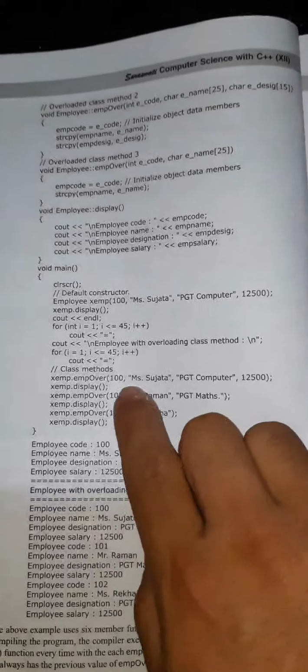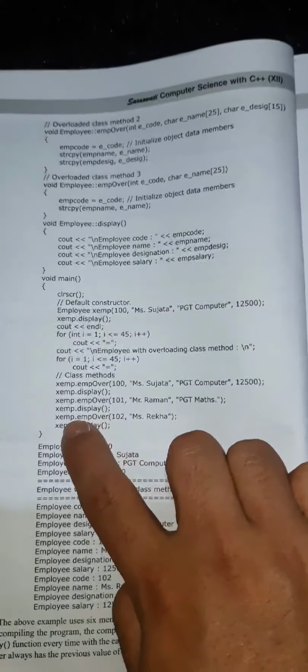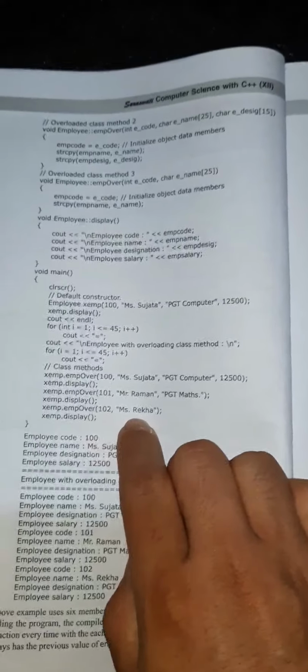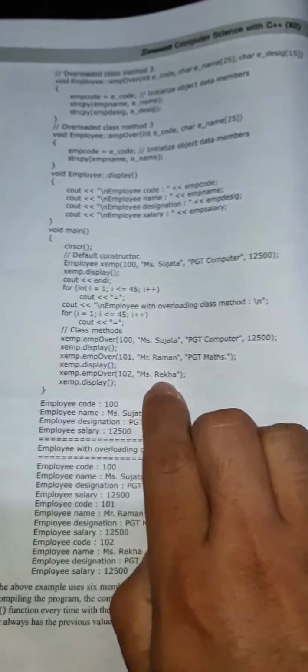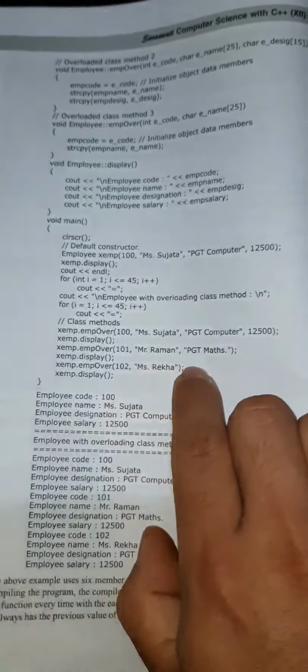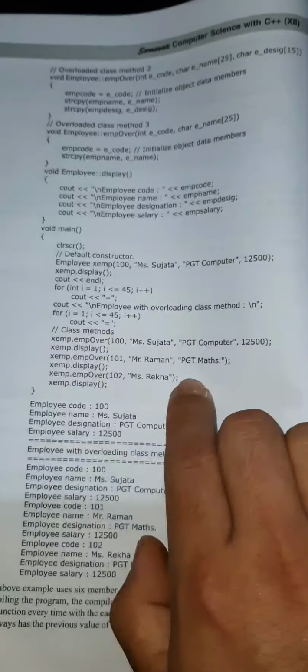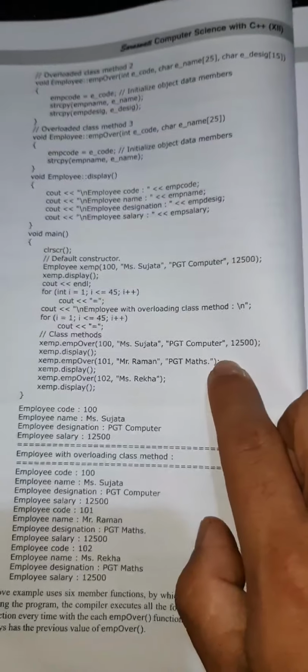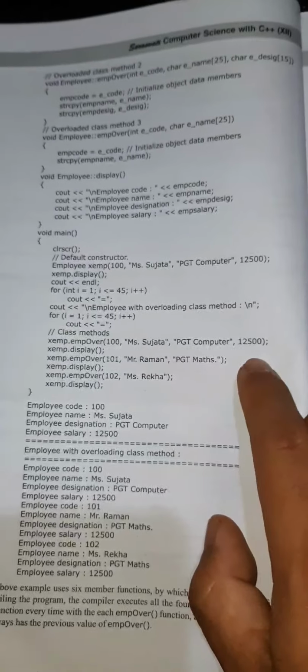In the case of the third one, xemb over, 102, Mrs. Rekha, it means that Miss Rekha also teaches PGD maths, and she is also getting 12,500.